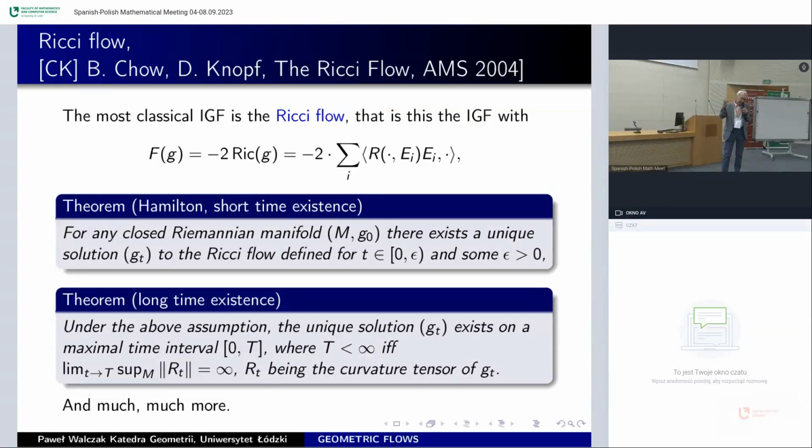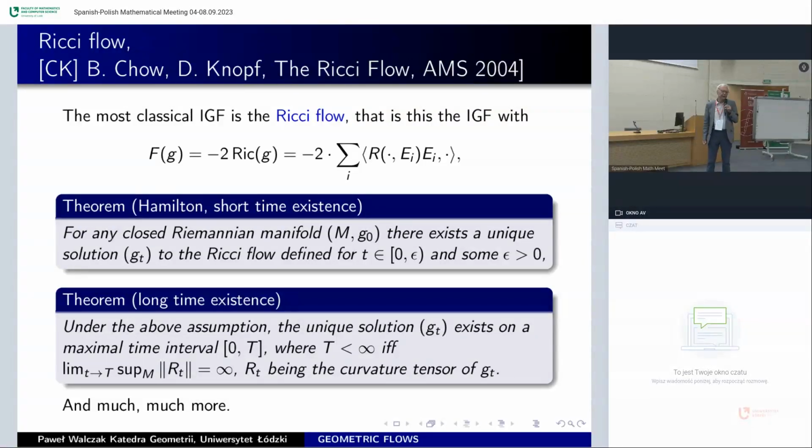Then it can be proved more. There exists a maximal value of the parameter in the first theorem for which the solution exists, and this parameter capital T can be finite or not.